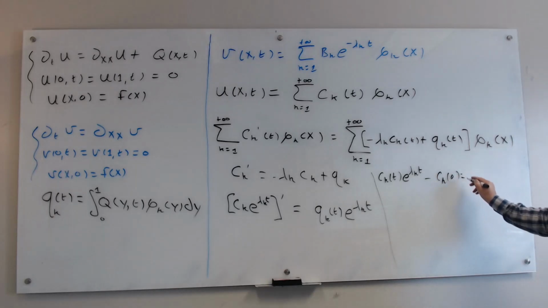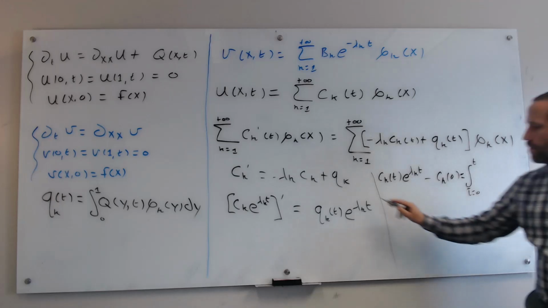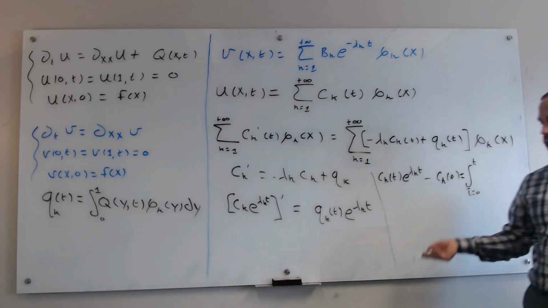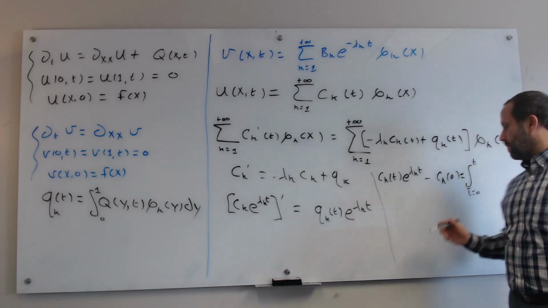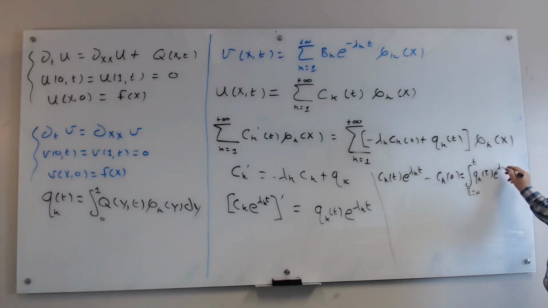And this is going to be the integral from tau equals 0 to t of this function right here. The integration variable is going to be tau instead of t. So we're going to get qk of tau e to the lambda k tau d tau.